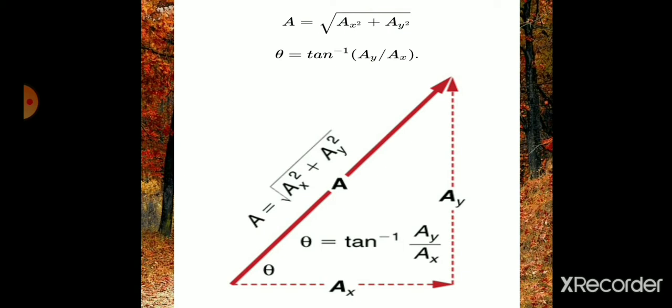Or from the figure, tan theta is equivalent to ay by ax, or theta is equivalent to tan inverse of ay by ax. If tan 45 is equivalent to 1, we say tan inverse of 1 is equivalent to 45 degrees.